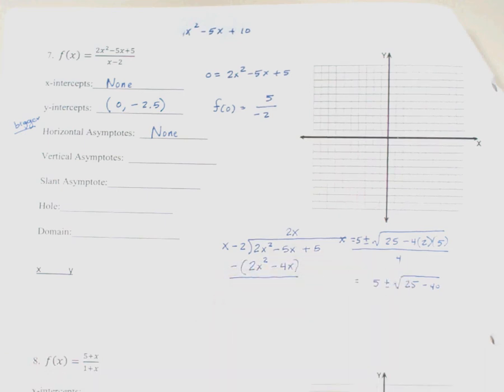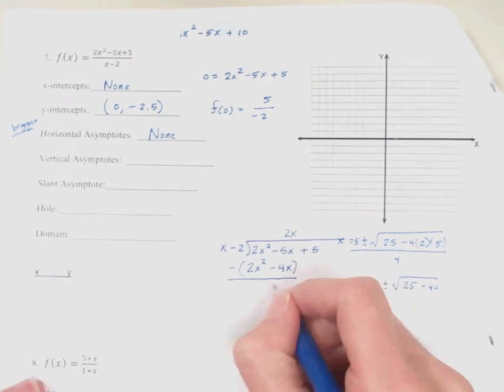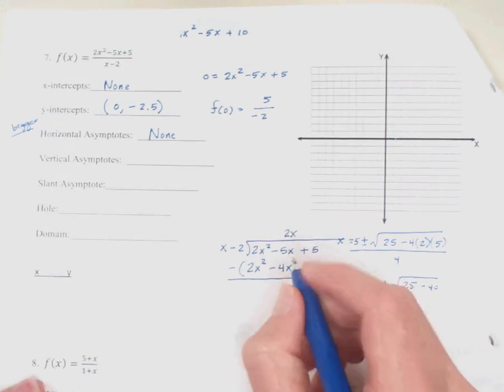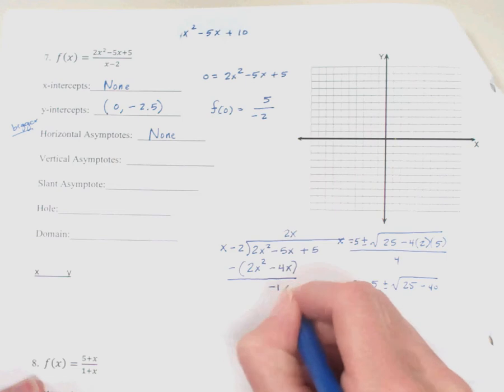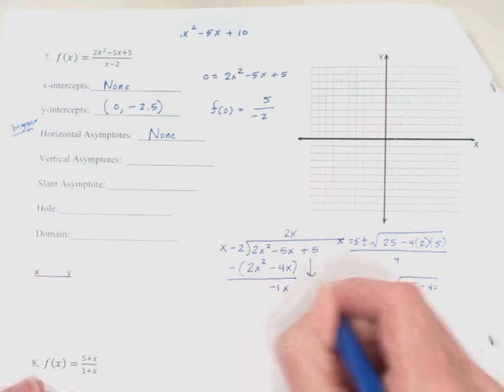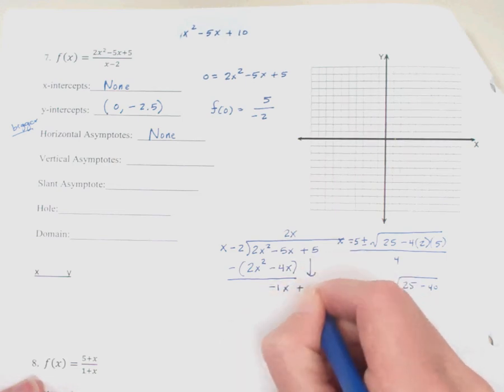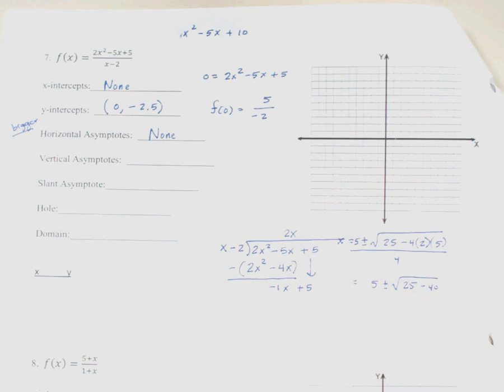from above. So 2x squared minus 2x squared is 0. Negative 5x minus negative 4x is negative 1x. And I bring down plus 5. Negative 1x plus 5.